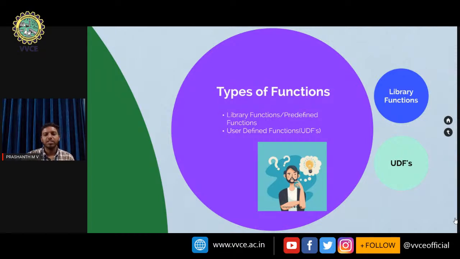From the previous sessions, you have come to know that every program starts with #include <stdio.h>, #include <conio.h>. All these are header files, right? These are things predefined by the C compiler or the C language, where you don't know the implementation inside that particular function.